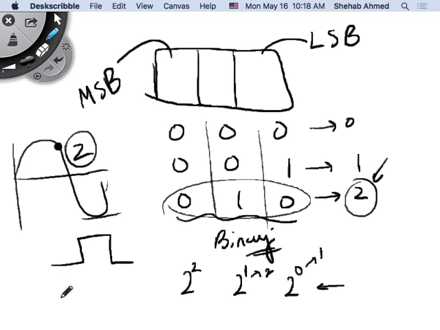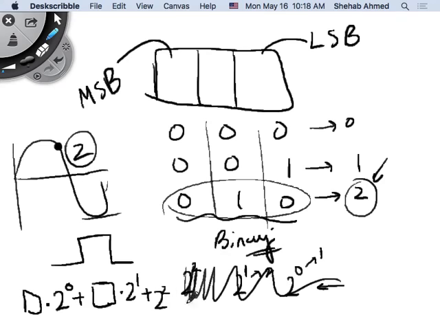I would add something multiplied by 2 to the 0, plus something multiplied by 2 to the 1, plus something multiplied by 2 squared, and make that equal to 2. So exactly, that's 0, 1, 0. So you take this is 0, this is 1, this is 0, you construct 2. You can construct 3, 4, 5.